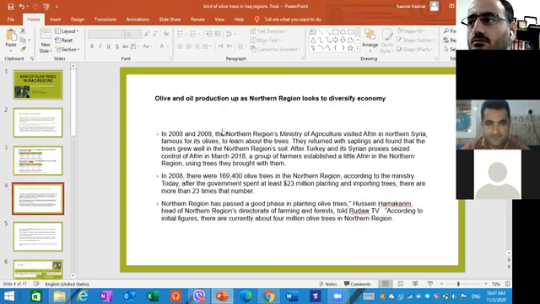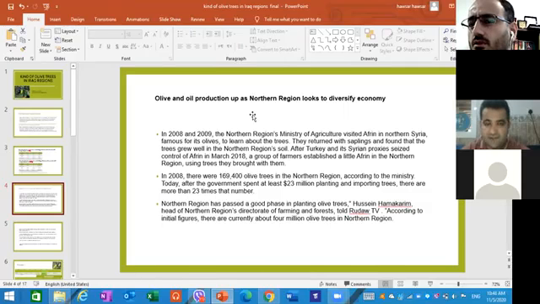Okay. About the olive and oil production in the northern region: after the economic crisis in Iraq, the government didn't depend just on petrol. In Iraq, the economy depended 90% on petrol.